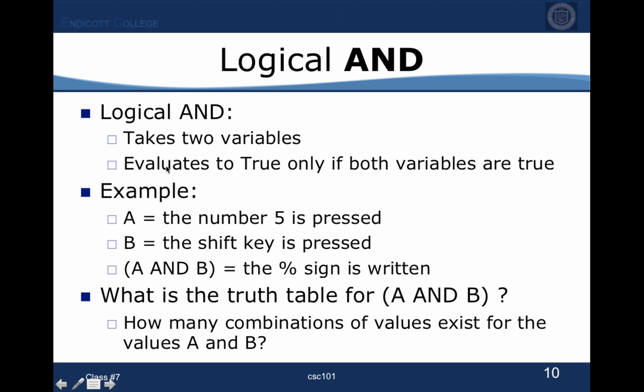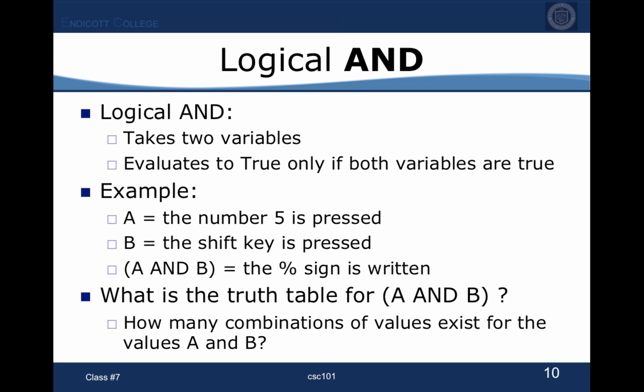The and, as I mentioned a few minutes ago, says if I have two inputs, or two propositions or variables, this is true only if they're both true. For example, if A is that you've hit the number 5 key on your keyboard, and B is that you've hit the shift key, then A and B describes when I make the percent sign, which is above 5 on your keyboard.